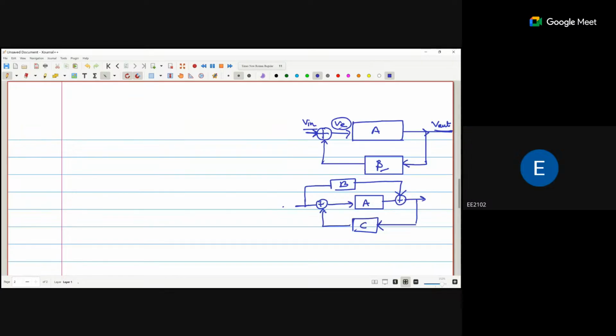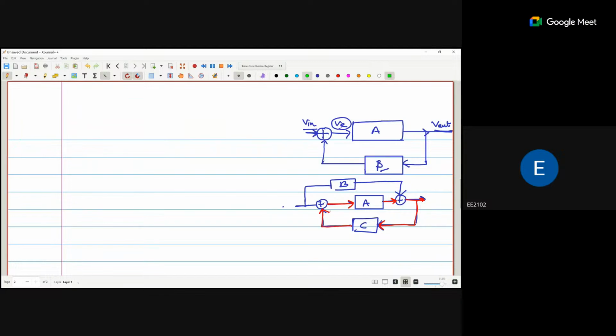Now A is our forward path. C is our feedback path.